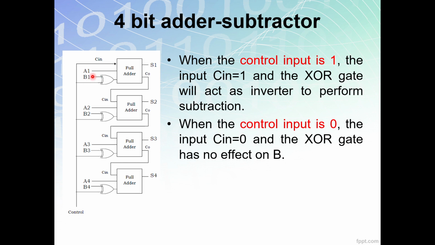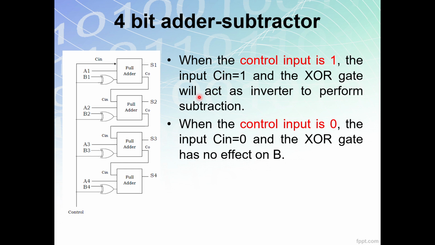Your exclusive OR will be used as an inverter when they perform a subtraction operation. If you do an addition operation, your exclusive OR will have no effect. Your Cin is 0, then the exclusive OR gate will not change anything, it doesn't affect it at all.